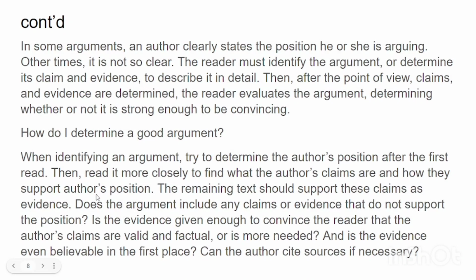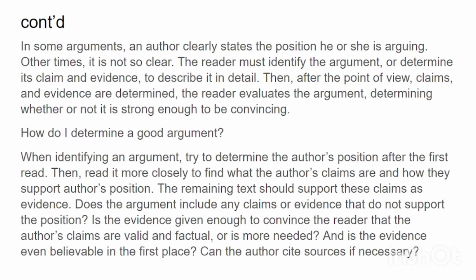Then read the passage more closely to find out what the author's claims are and how they support the author's position, right? Then the remaining text should support these claims as evidence. So whatever other information he has in the passage should support what he's saying, that casual clothes should be worn and not uniforms.